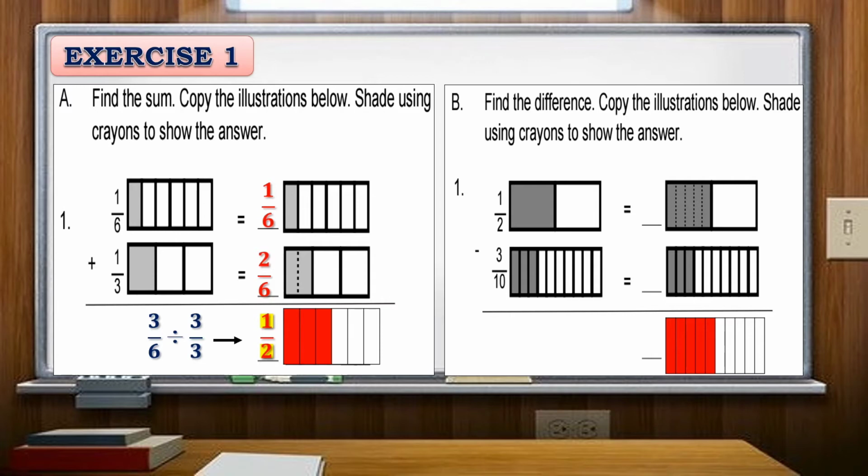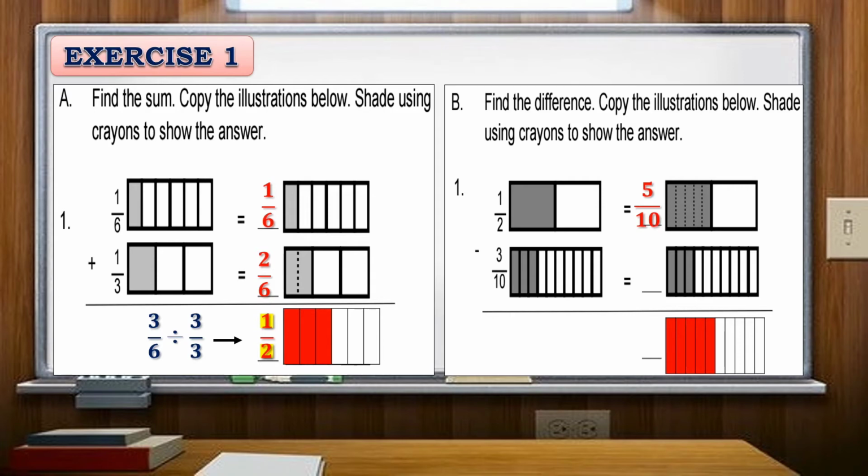Letter B, let's find the difference of 1/2 minus 3/10. We cannot find the difference because they don't fit with each other. So we will cut 1/2 into 10 equal parts. So 1/2 will become 5/10.